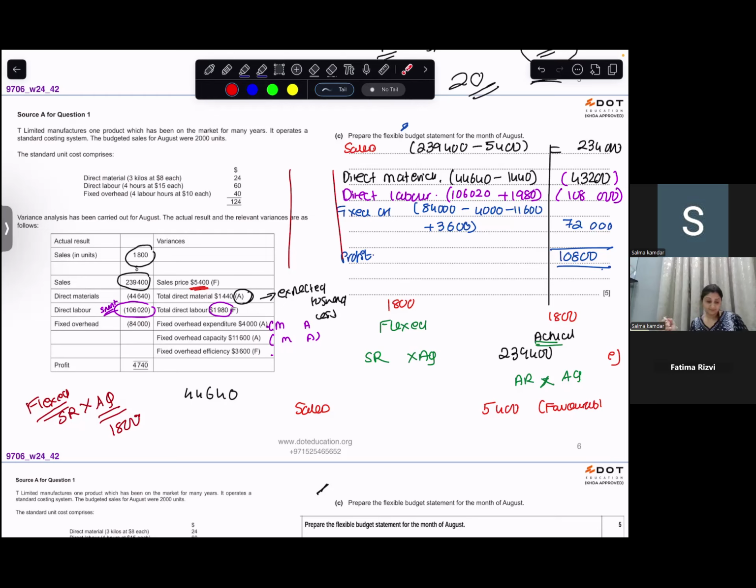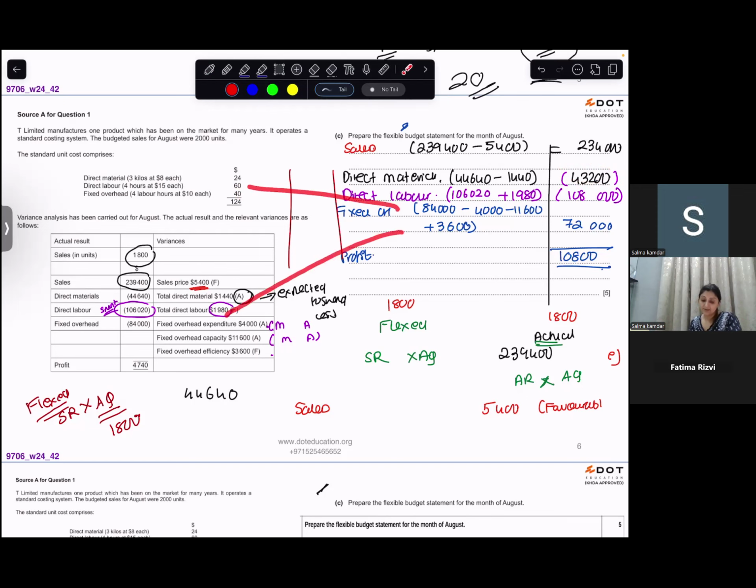So 24 times 1,800 is 43,200. Direct labor, times 60 is 108,000. Fixed overheads, times 40 is 72,000.